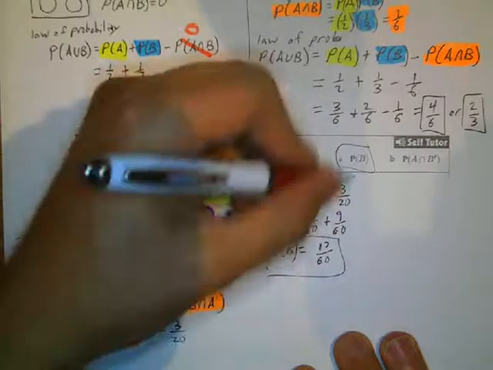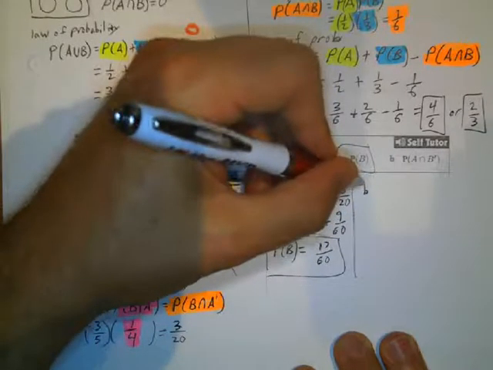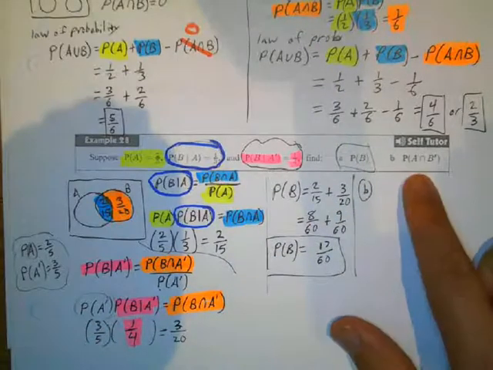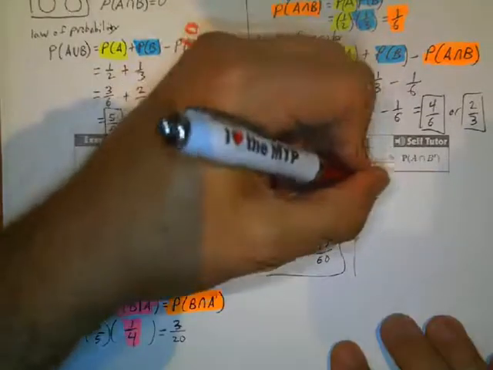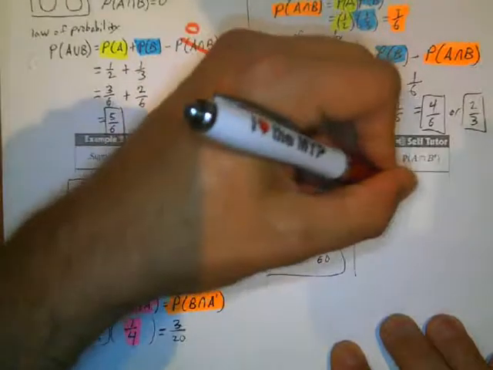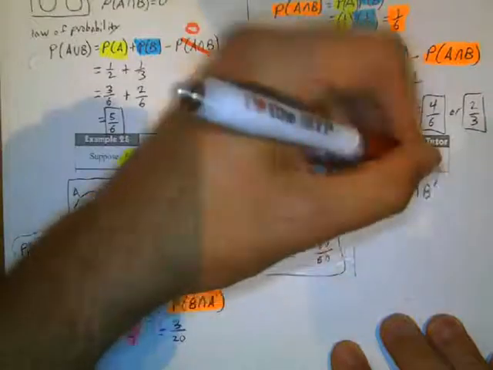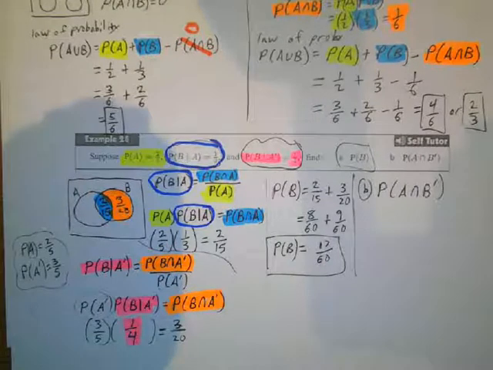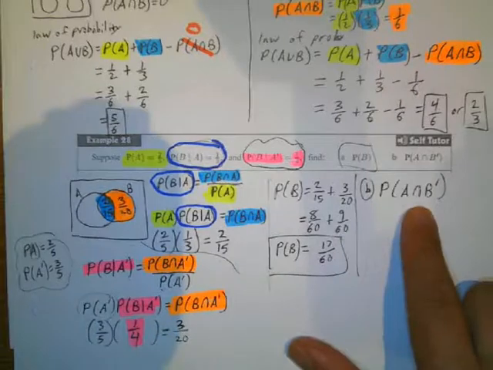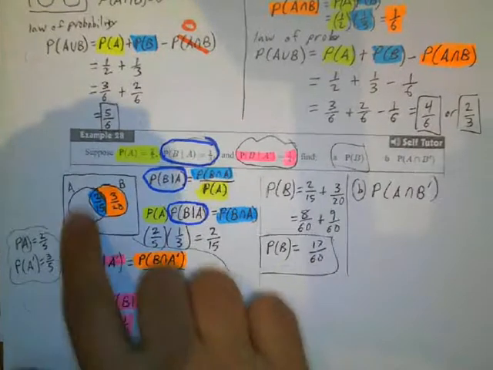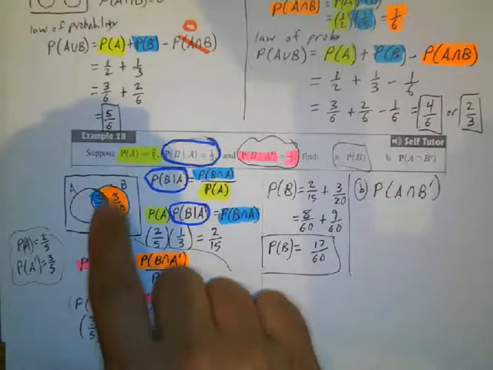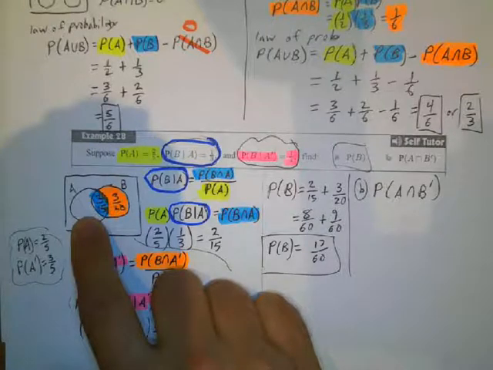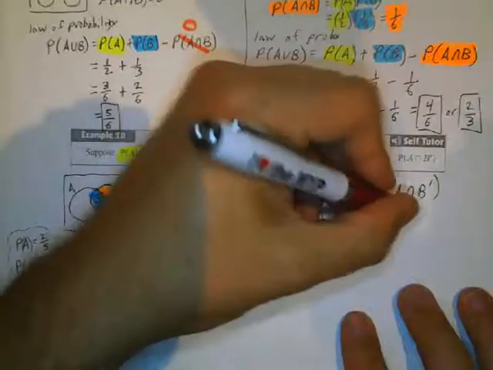Okay, let's do question B now. What is the probability of A intersection B prime? Okay. So, A intersection B prime is A intersection not inside B. Let's draw a picture to help us with this.